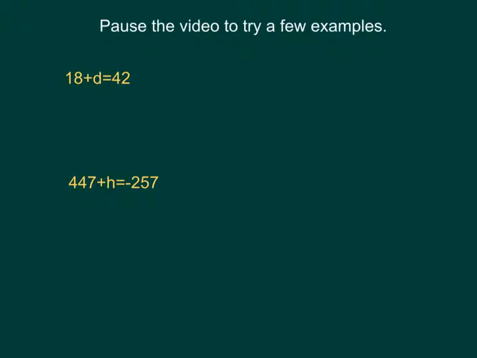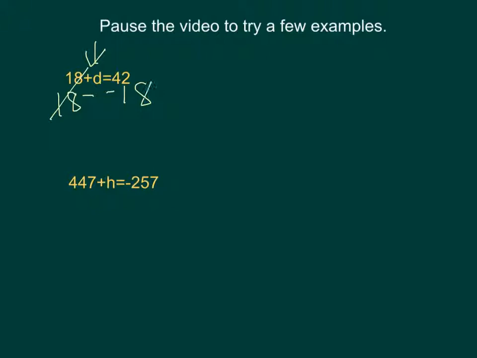Pause the video to try the few examples below. 18 plus D equals 42. So you identify the variable and you identify what's happening to it. We're adding 18, so that means that we subtract 18 from both sides.